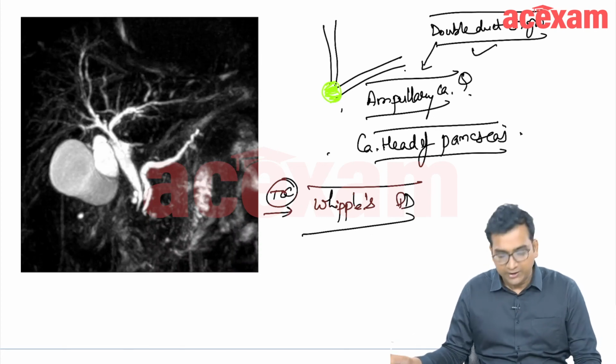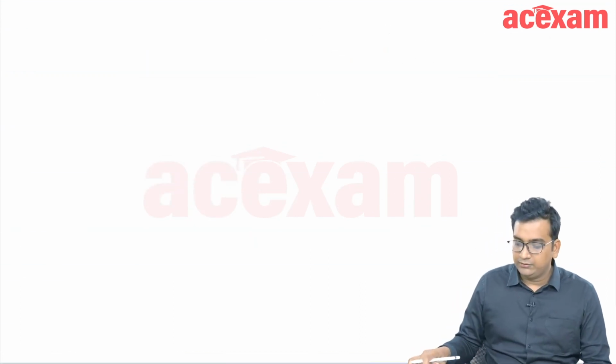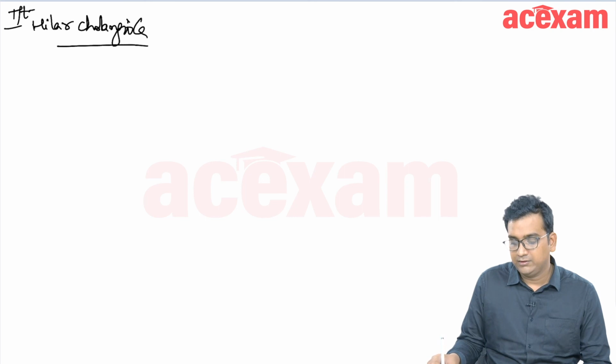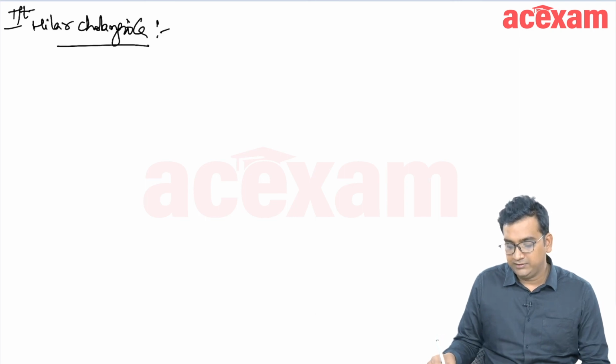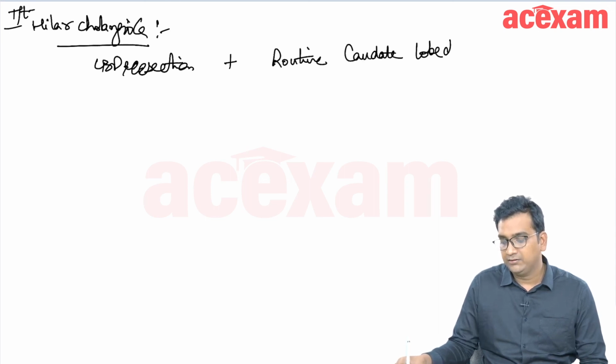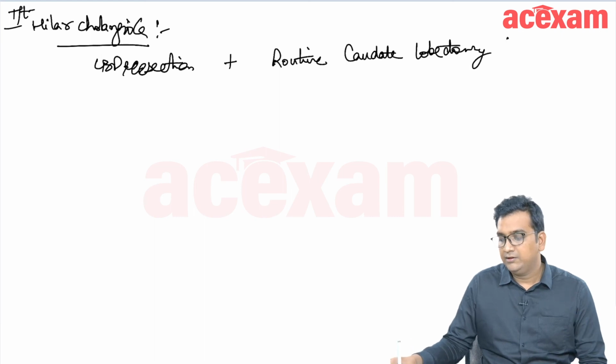Okay, and double duct sign is classically seen in ampullary cancer, and can also be seen in CA head of the pancreas. Okay, now for hilar cholangiocarcinomas, the treatment is CBD resection with resection of the tumor with a routine caudate lobectomy with removal of lymph nodes.